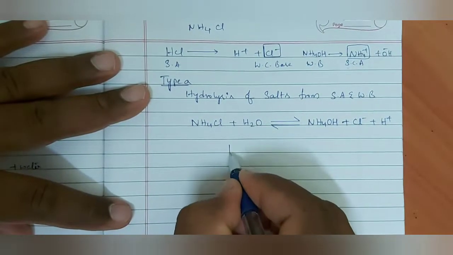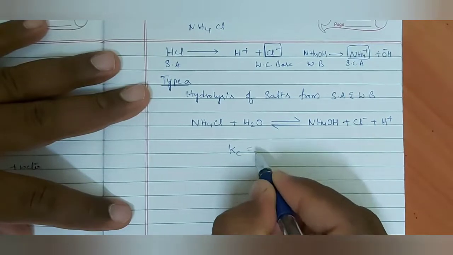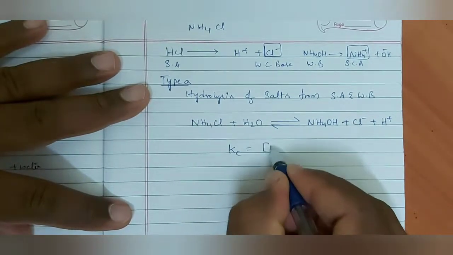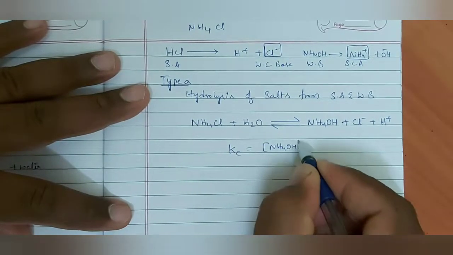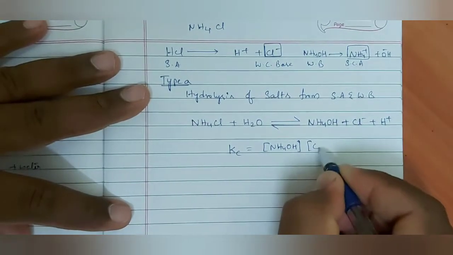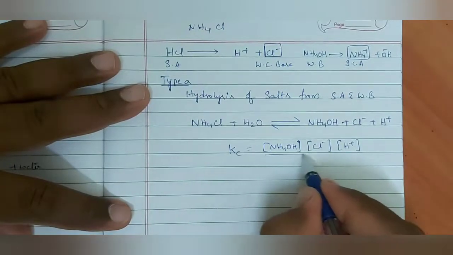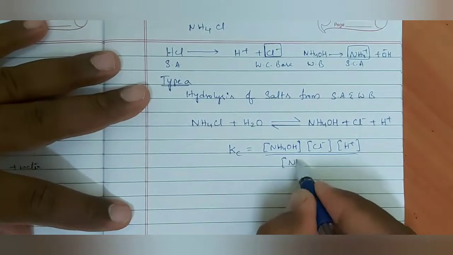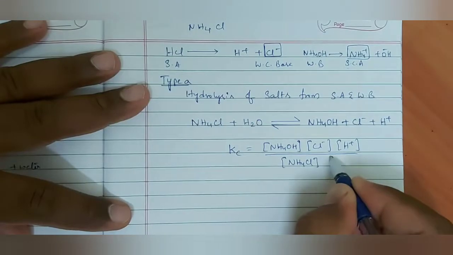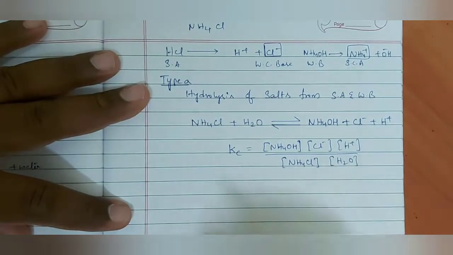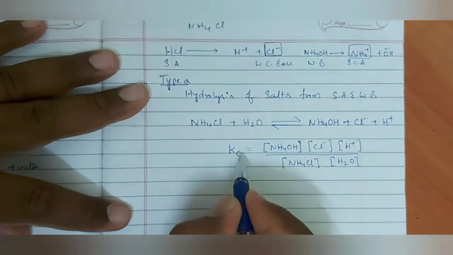For this, apply equilibrium constant Kc. Kc is equal to concentration of NH4OH into concentration of Cl minus into concentration of H plus divided by concentration of NH4Cl into concentration of H2O. Concentration of H2O, send this side.